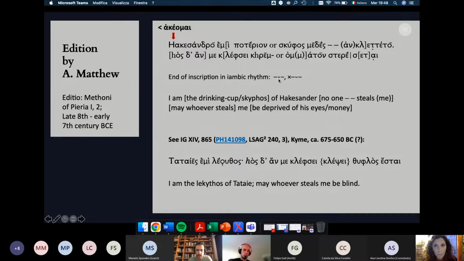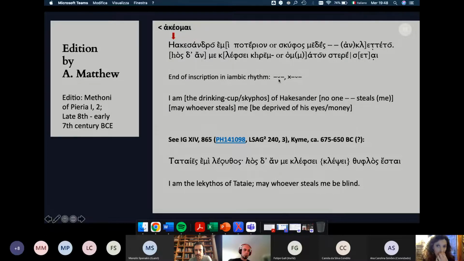And I have to say that in this case we are very close to the Nestor's Cup, because again we have here a text that is speaking and is saying, I am the poterion, maybe, so the drinking cup, or the skyphos.